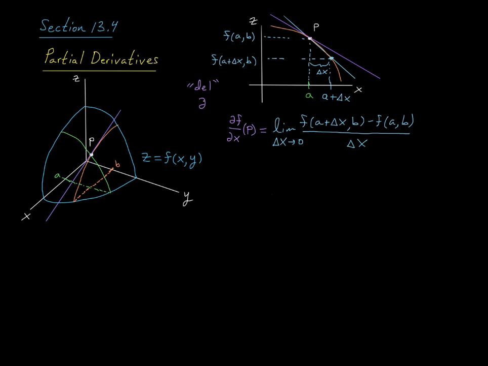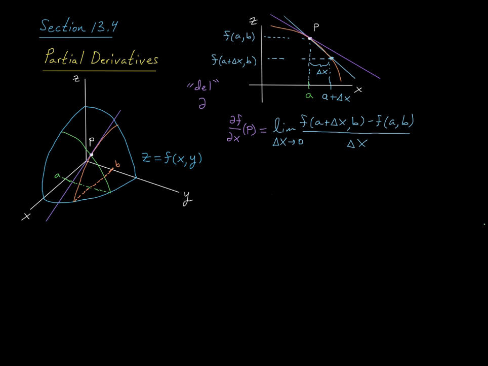It's a lowercase del, and it's used in describing derivatives like this because we now have to distinguish whether we want to move in the x direction or the y direction. We also call this thing the partial derivative with respect to x.